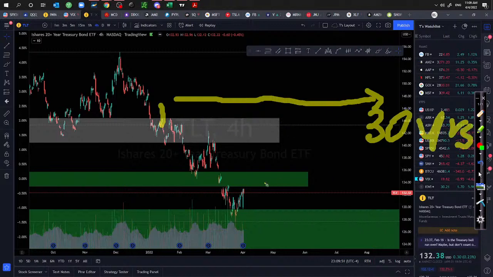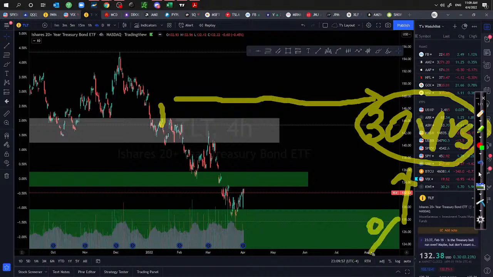Now, obviously, if you are a long-term bondholder, you would demand the highest percentage yield on holding the bond, right? If you're holding a bond for 30 years, you would want to get paid the highest.